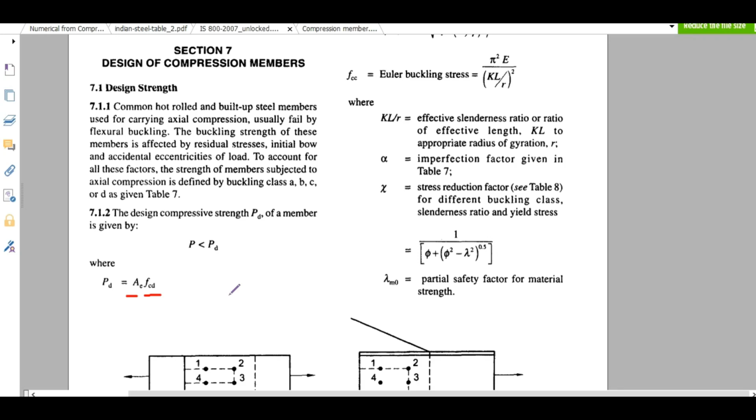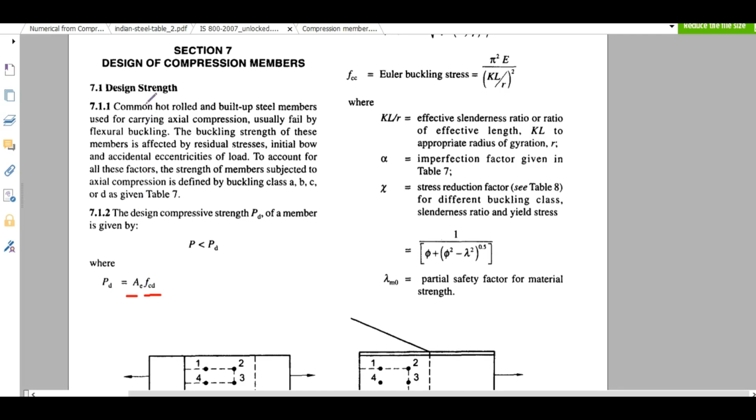And if you can find this FCD, then you can know the load carrying capacity of that particular section. So our task will be to find this FCD, because the area of that particular element or cross section will be provided by the steel table.